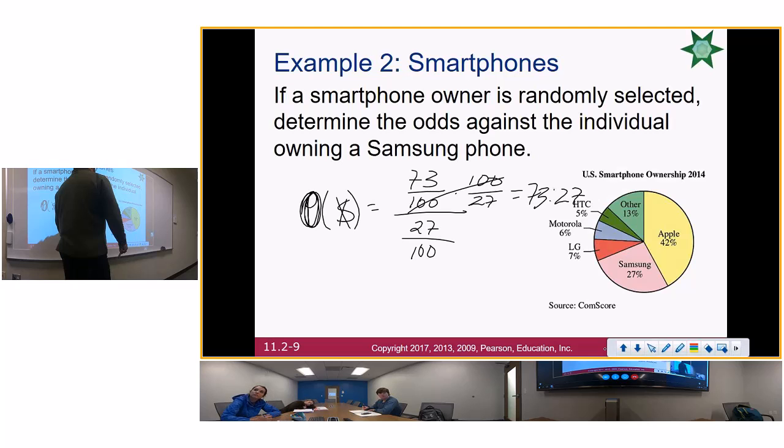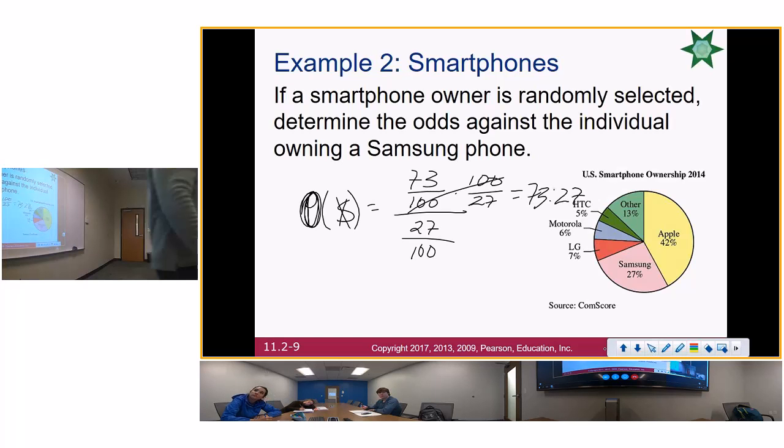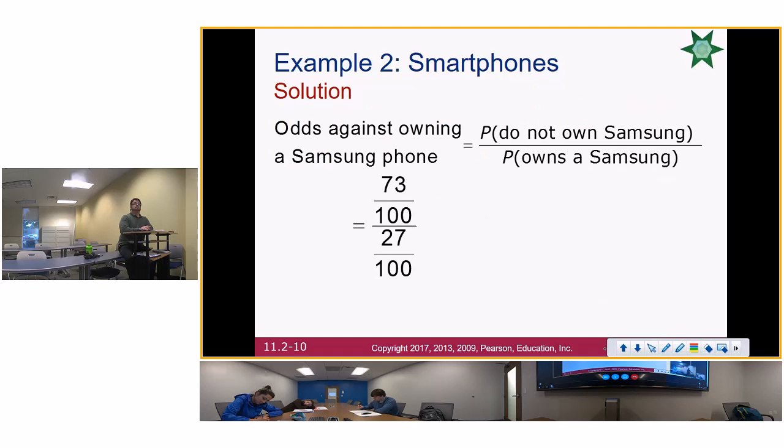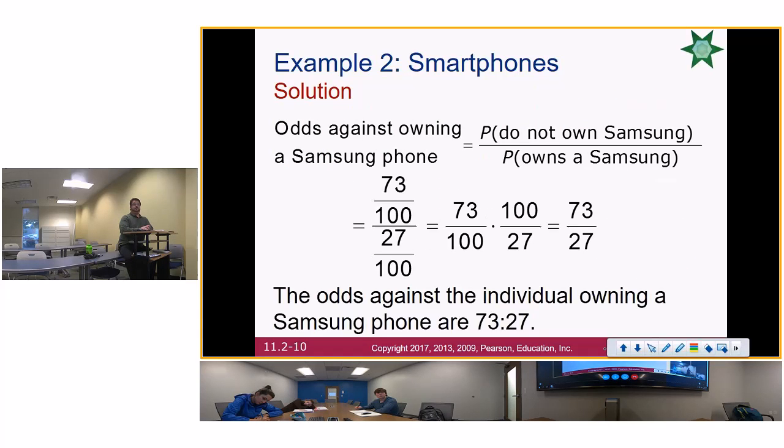I don't know if that's divisible. 73, I think, is a prime number. I just hit enter and it'll tell us. I don't think 73 is divisible. We got it right. 73 to 27.